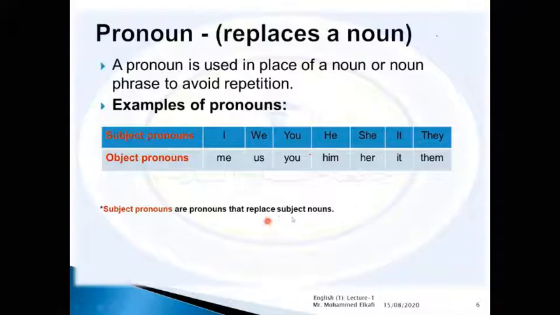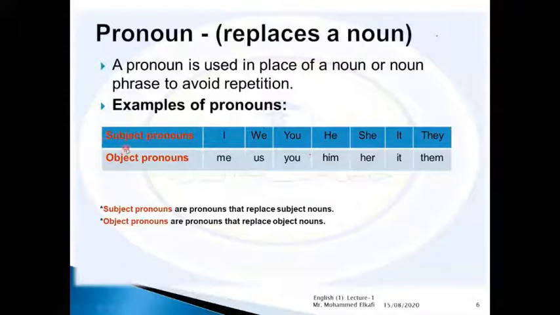They come before a verb. Before the verb, we'll find subject pronouns. And object pronouns are the pronouns that replace object nouns. That means they come after the verb. So after the verb we'll find object pronouns.